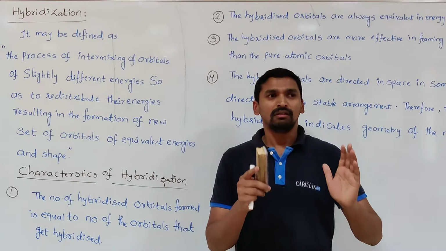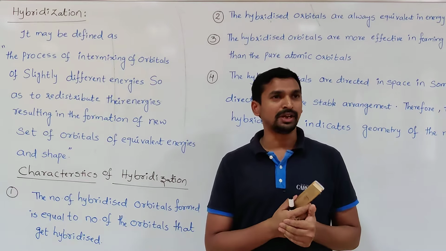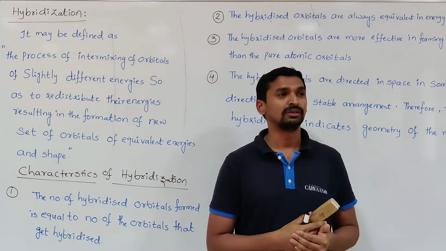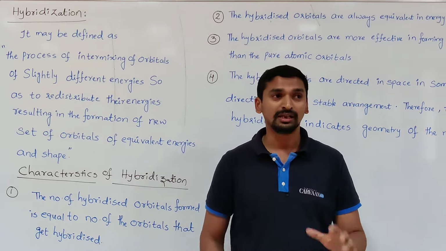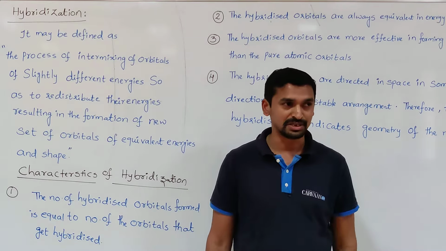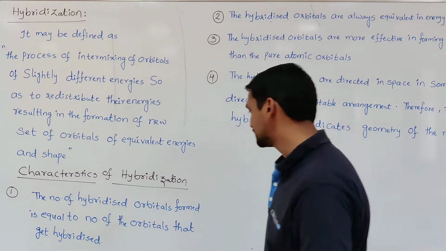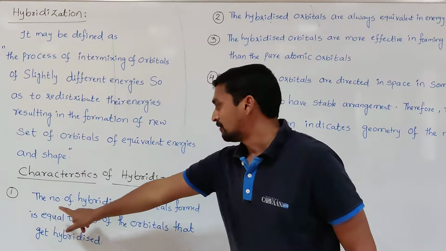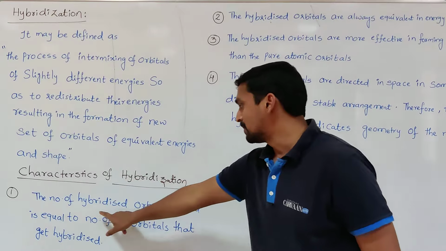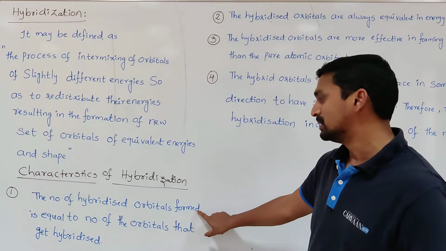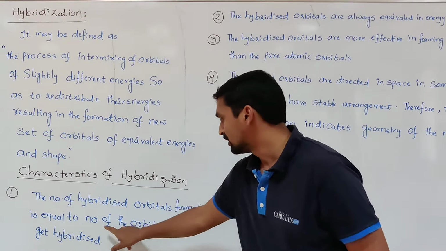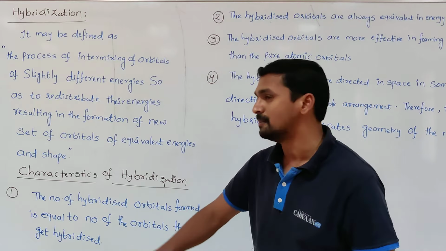So which orbitals are involved in the hybridization? That is a question that might be raised. To know that, we need to know the characteristics of hybridization. The first characteristic is that the number of hybridized orbitals formed is equal to the number of orbitals that get hybridized.